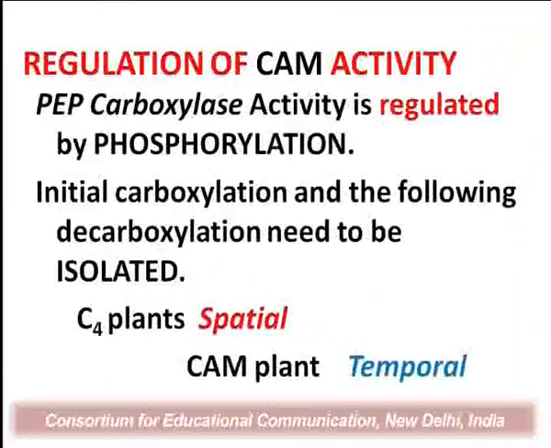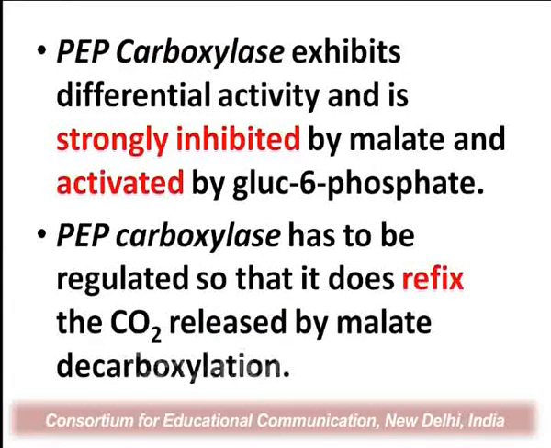It has now been experimentally proved that PEP carboxylase is the key enzyme, and its regulation is brought about by phosphorylation. Even though CAM plants have temporal separation, the initial carboxylation and the following decarboxylation need to be isolated at any cost.